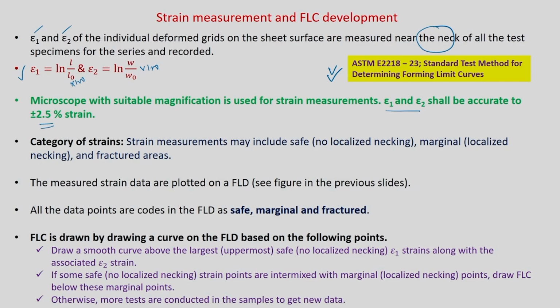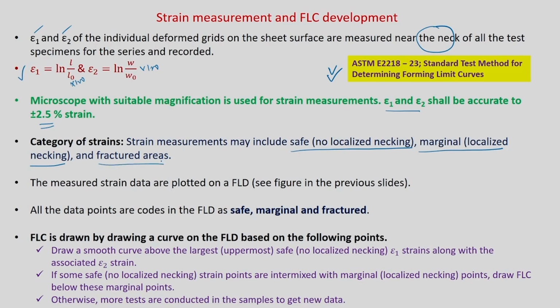Now when you are measuring these strain data points, you have to categorize them into 3 different types. One is safe. Safe means no necking; it is a little away from the neck region. Then marginal, localized necking. This is what we actually want. Marginal means localized necking very close to the neck, which you are going to measure.